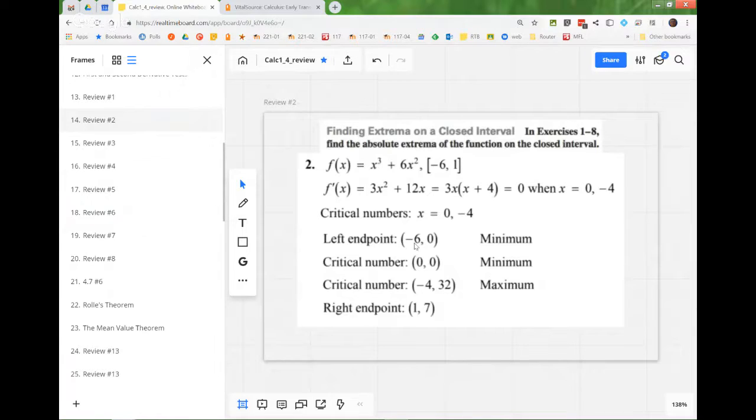So when you plug in -6, -6 cubed is -216, and then 36 times 6 gives you +216, and when you add them together you get 0. So that all happened in the original equation. So does that help? There's a problem where you have to substitute back into the original equation.